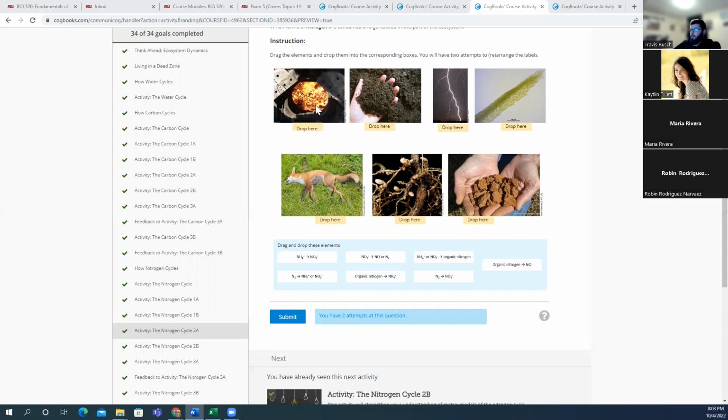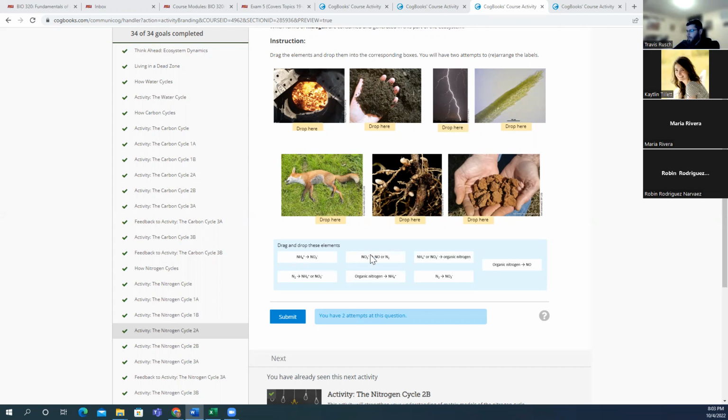So what's happening in this first box up here? Right, we have combustion. So what do we start with typically in a combustion situation? Something organic, right? And because now we're in the nitrogen cycle, it's probably going to have to do with organic nitrogen.